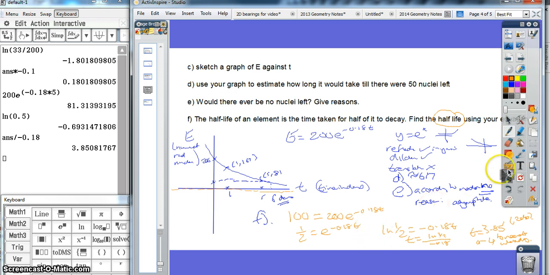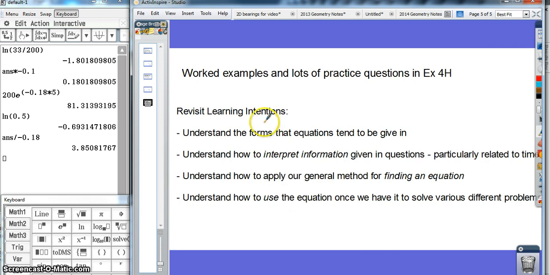Right, now if we just have a quick look at what our aims were. We wanted to understand the forms that they tend to be given in. So we've got things like a equals a0 e to the minus kt, or what was the other one I said? ft equals f0 ln, something like that.